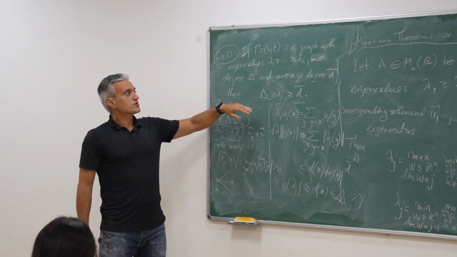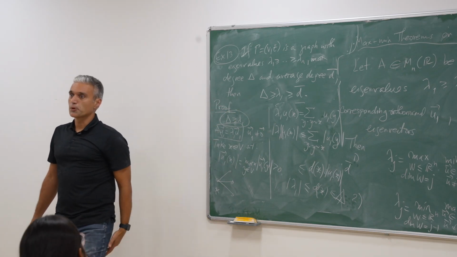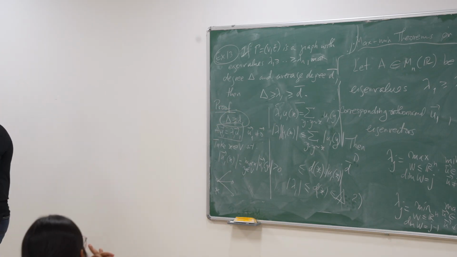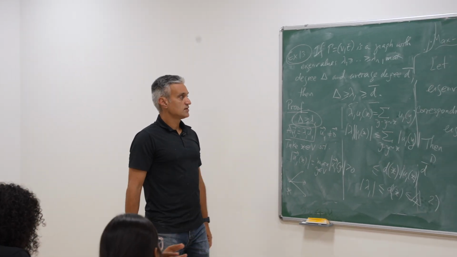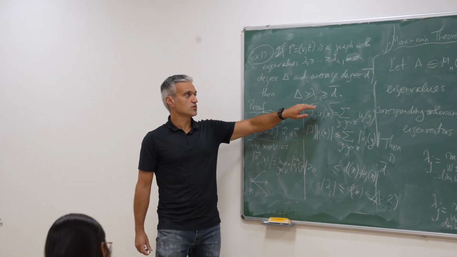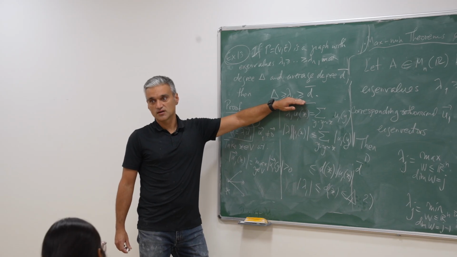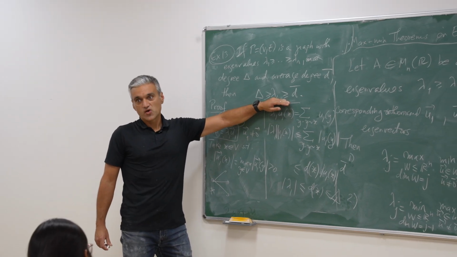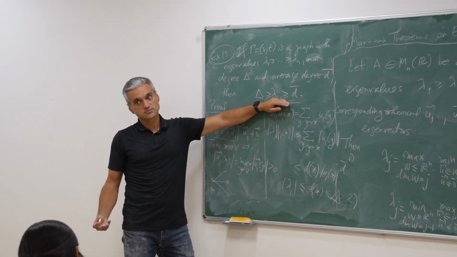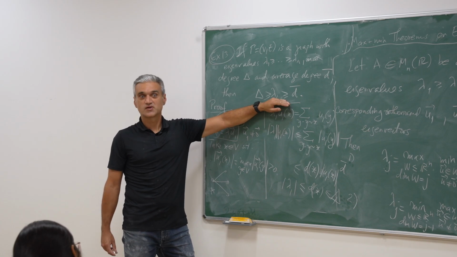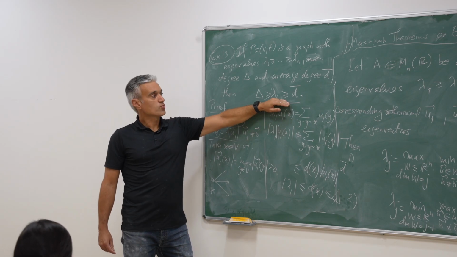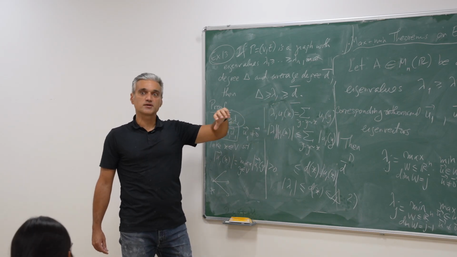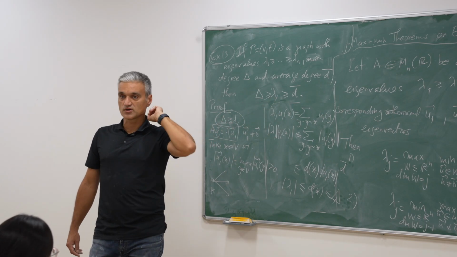Now, question for you: when do you have equality in these bounds? So here, equality, and why is that? So when is lambda 1 equal to the Rayleigh quotient of a vector?